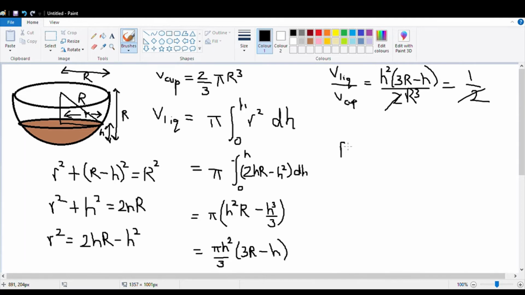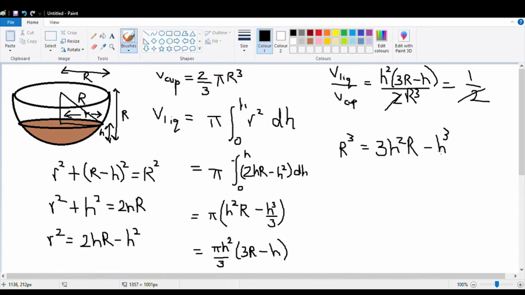So it's R cubed is equal to 3h squared R minus h cubed.